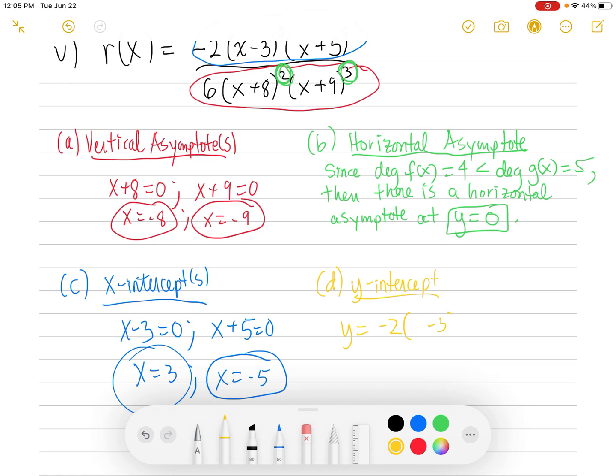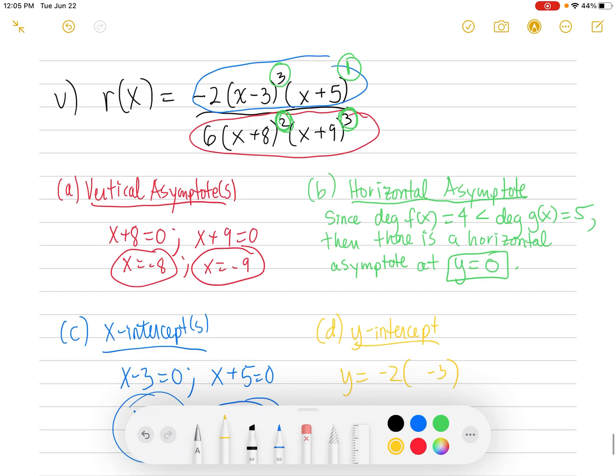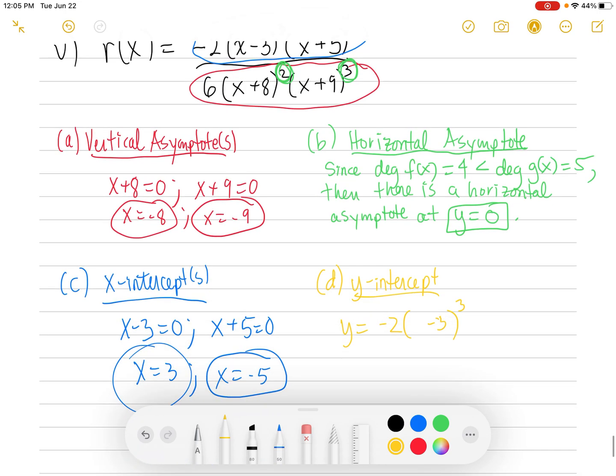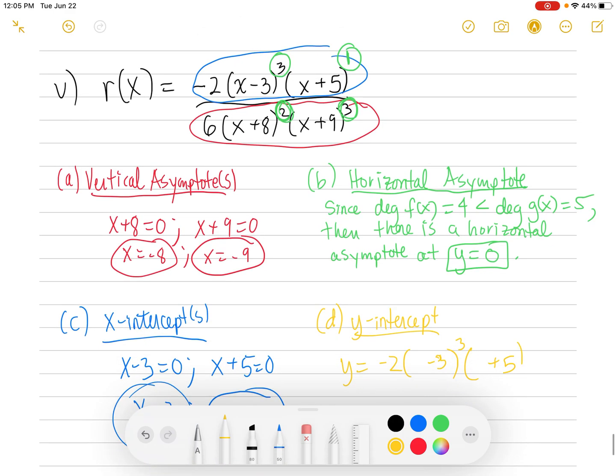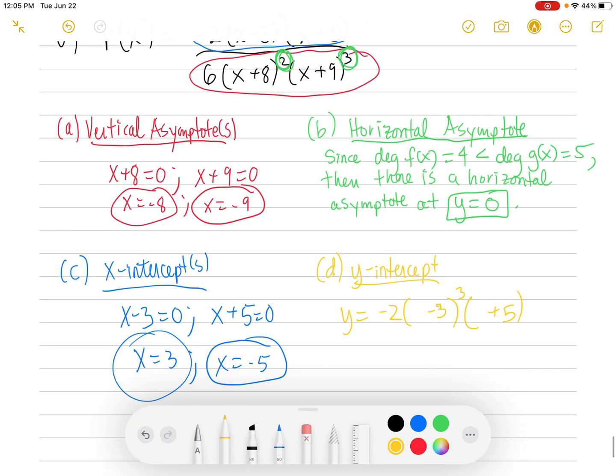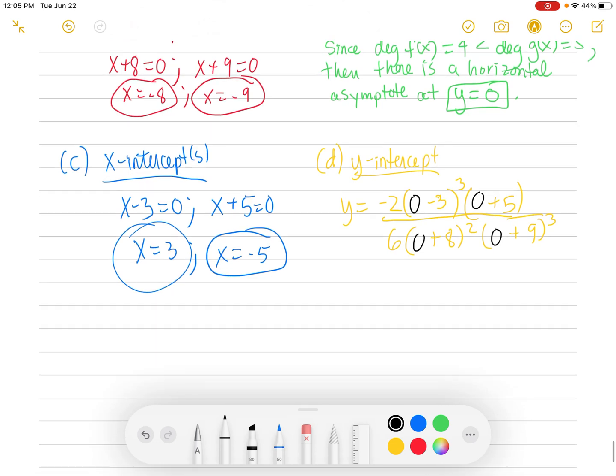And for that, we're just going to plug in 0 for the x's. So y equals negative 2 times blank minus 3 to the 3rd power, and then blank plus 5 to the 1 power, just blank plus 5. On bottom, we're going to have 6 times blank plus 8 squared, then blank plus 9 cubed.